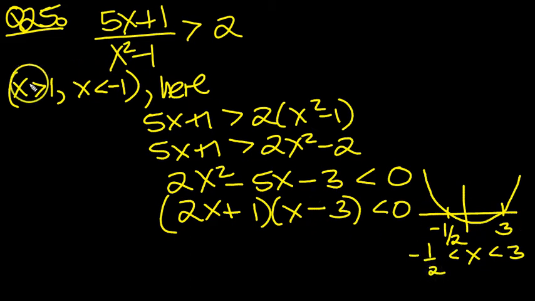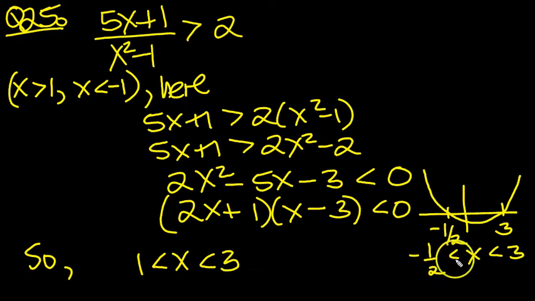Okay, so we considered this line segment, and we solved this problem for this line segment in this context, and we ended up with this inequality. So we need to see what the overlap is between the context of the problem and the solution set, to see if there is an overlap. Well, we can see that when x is bigger than 1, that's fine, and up to 3. So here we've got x is bigger than 1, of course, because that's the solution set we're considering in this context, but it can only go up to 3.